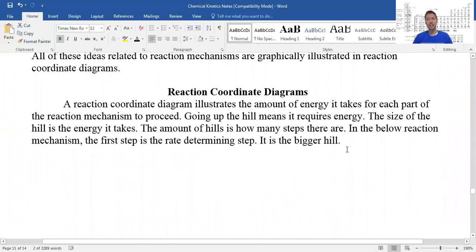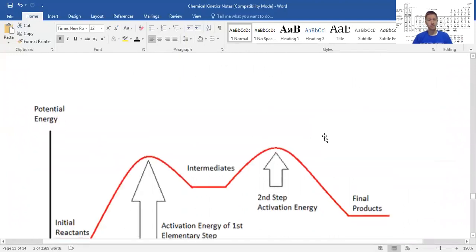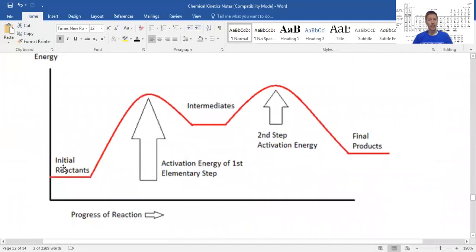A reaction coordinate diagram basically takes that idea of the chemicals reacting and puts them onto an energy diagram, saying, okay, here's what's actually happening. On this reaction coordinate diagram, we're going to have hills for every single step along the way. So we're going to have our initial reactants turning into our products, and then all these elementary steps along the way getting there.